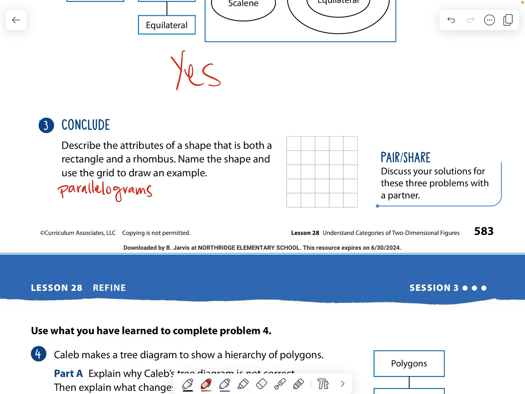They both have 4 sides, but the thing about a rhombus is that they have 4 sides of equal length, which technically a rectangle can have because a square is a rectangle. They also have angles that are the same, equal angles. So basically all you're doing is drawing a square, because if you flip it over on the side, it is also a rhombus.